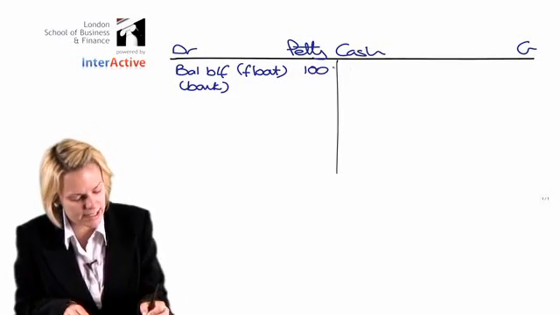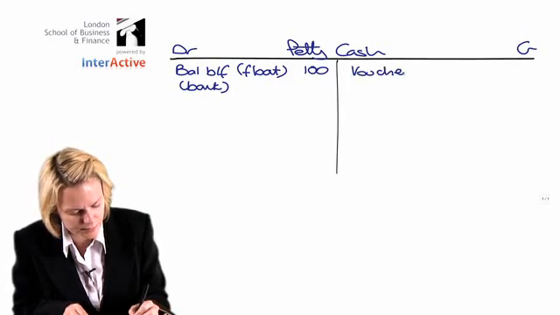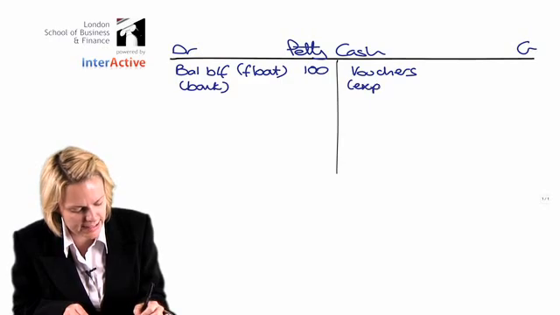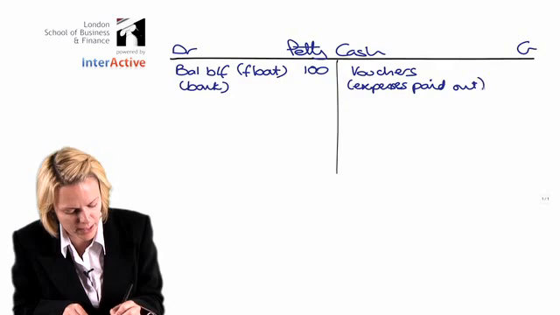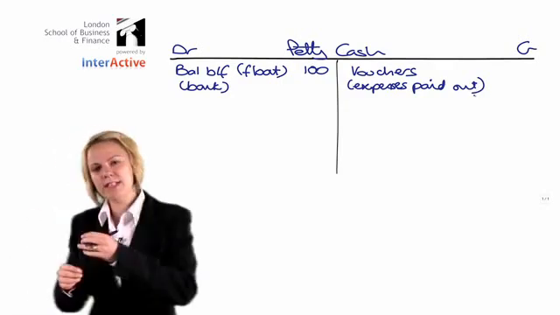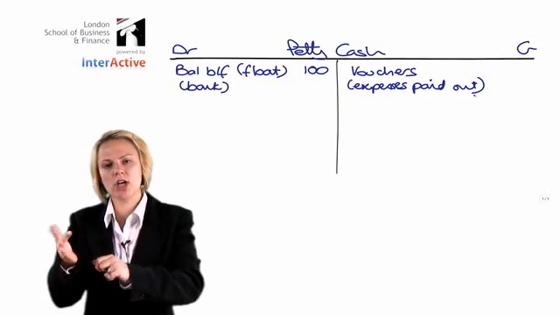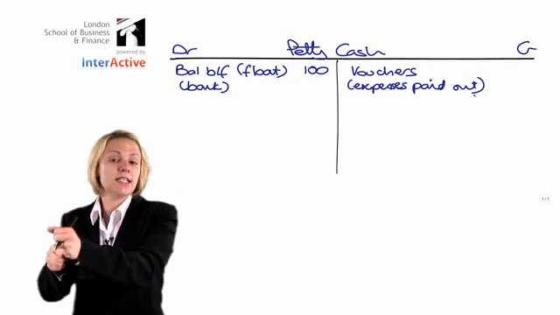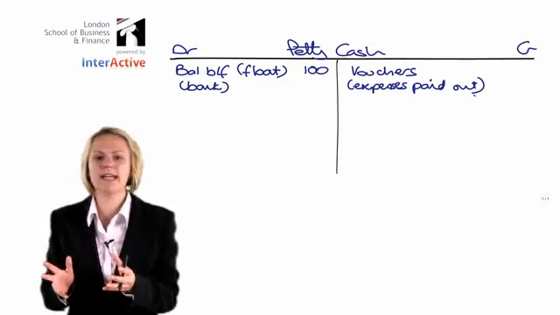We'll then post the credit for our vouchers. And that's going to be all the expenses paid out of petty cash. But every time we pay money out of the petty cash tin, we're going to write a little voucher and attach it to the receipt of the expenditure so we know how much expenditure has been paid out.